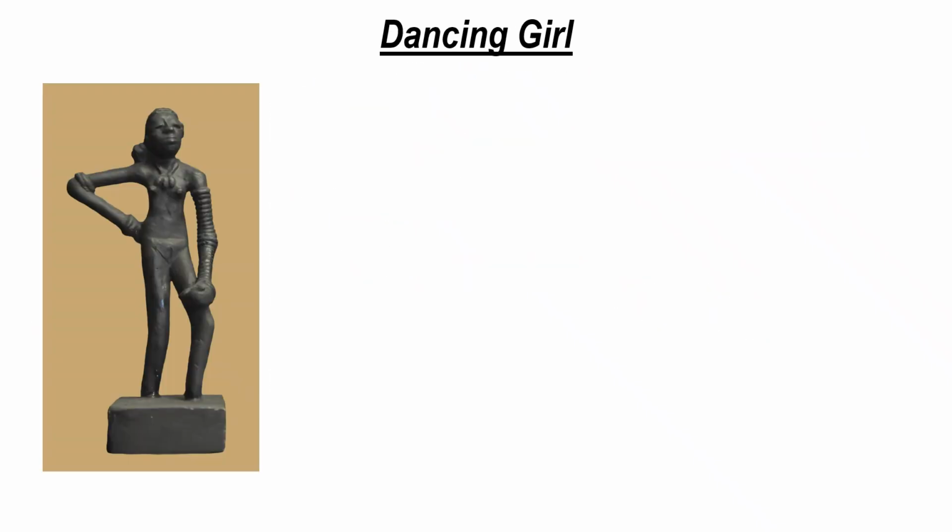The next is another important sculpture, that is the dancing girl, and this again has been found from Mohenjo Daro. So Mohenjo-daro has both the bearded man and the dancing girl. And what does this figure show us?